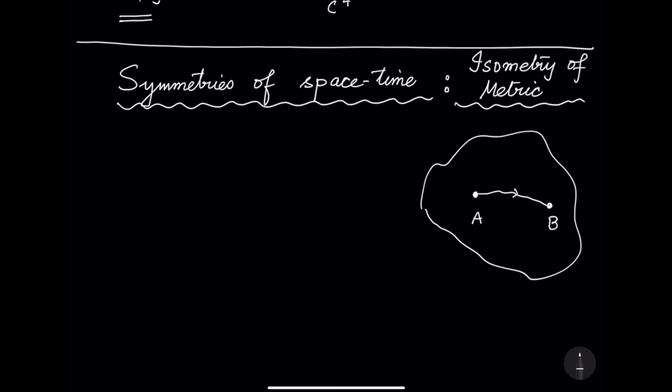Now think of your original classical mechanics, good old classical mechanics. There we say that I am moving along this trajectory, and if the Hamiltonian or the Lagrangian is independent of time, then there is a conserved quantity which we call energy.